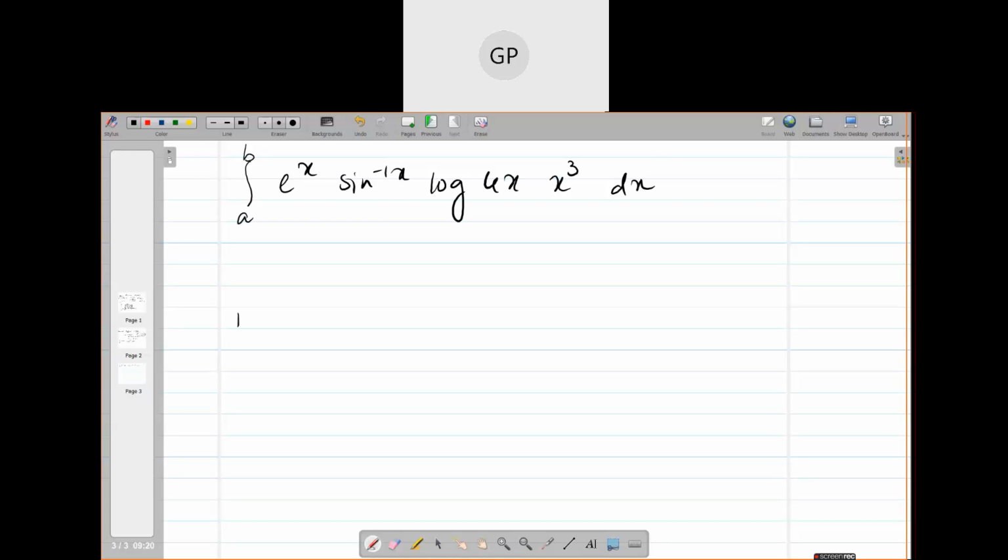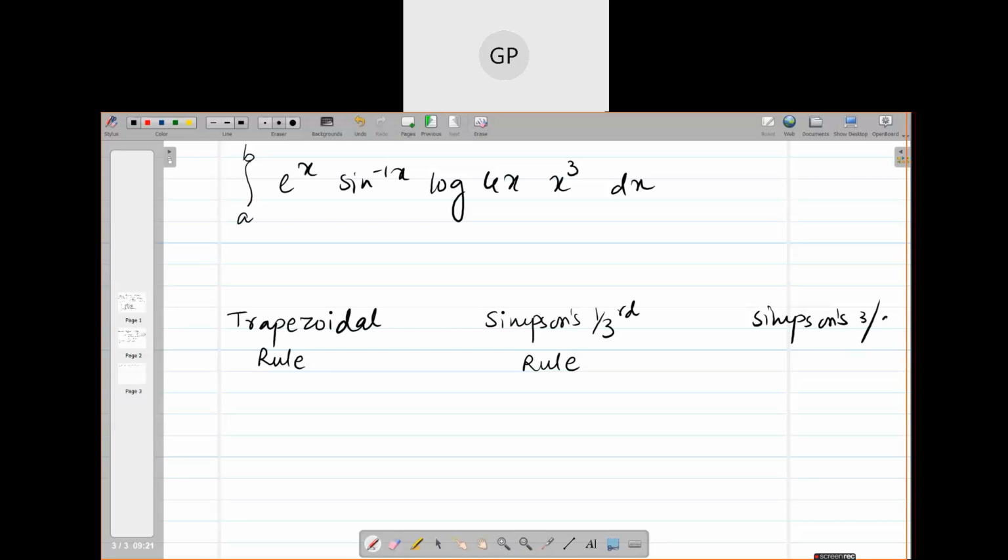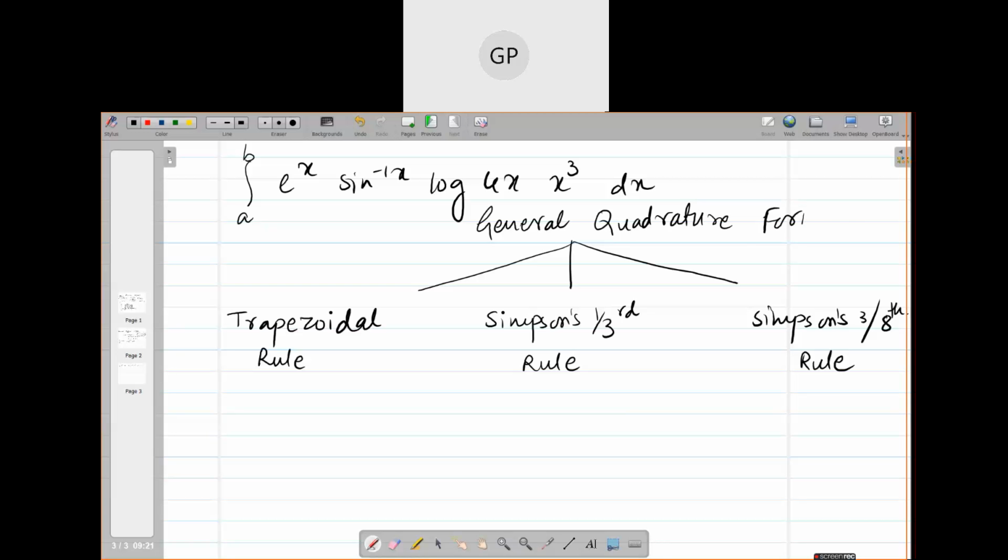Trapezoidal rule, then Simpson's 1/3 rule, then Simpson's 3/8 rule, and these three rules we are going to get using something called the general quadrature formula.